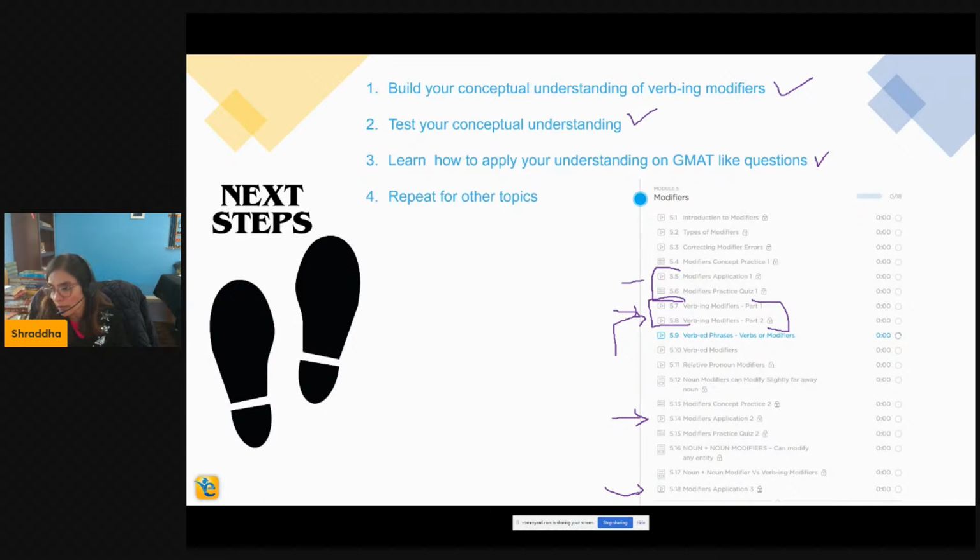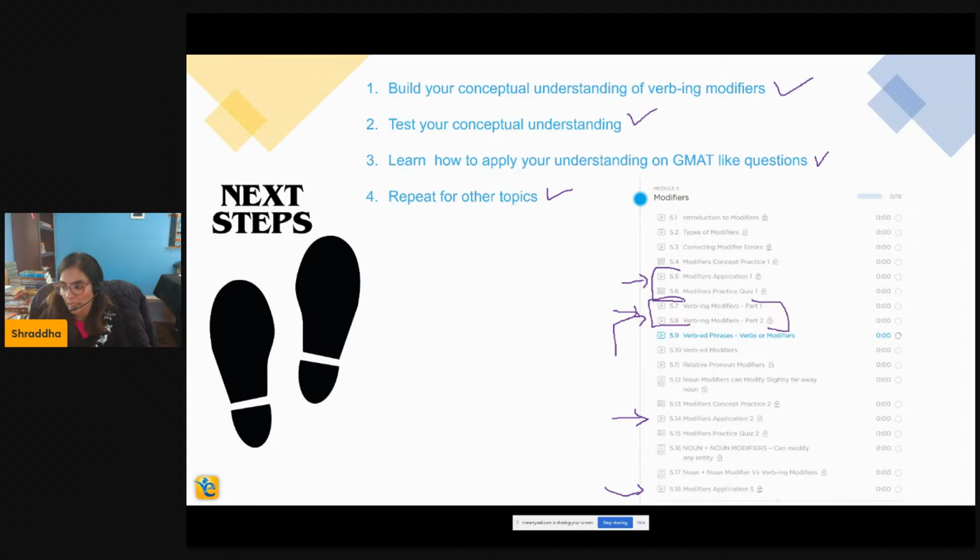So this particular modifier module has 3 application files where you understand whether you've learned to apply. As I told you, learning has 2 aspects to it: learning a concept and then applying a concept. Unless you have learned to apply the concept as well, your learning cycle is not done. So make sure that you do that.